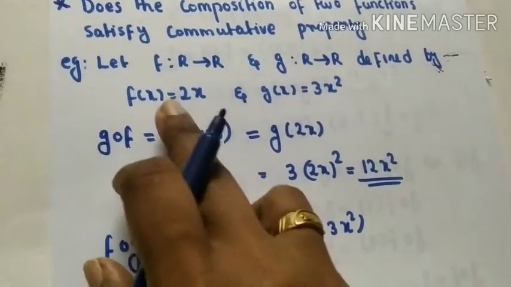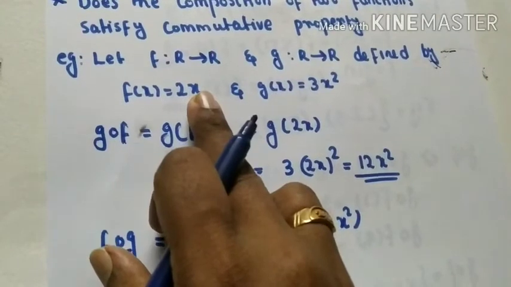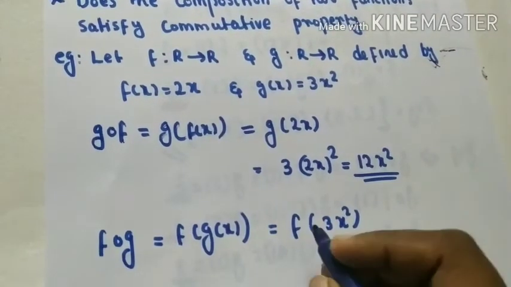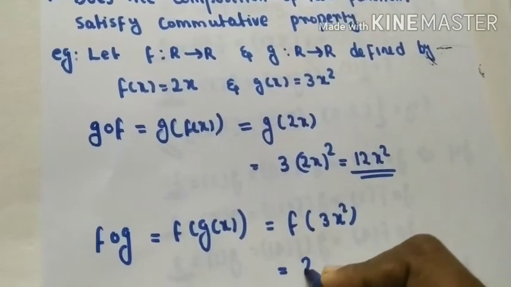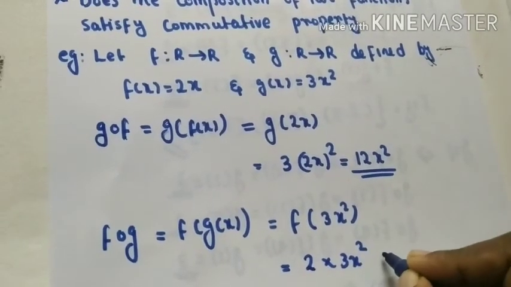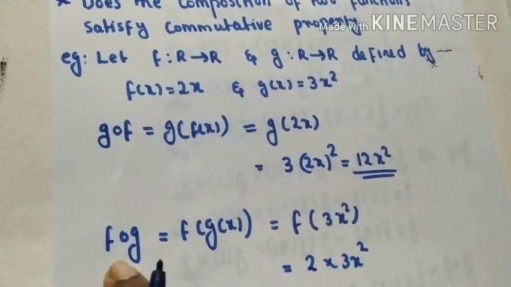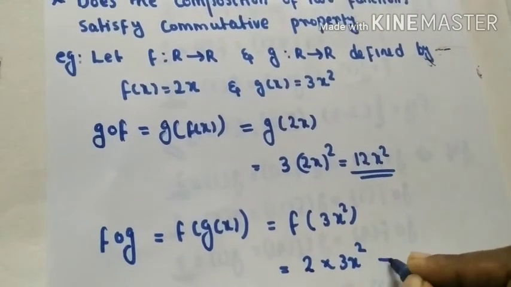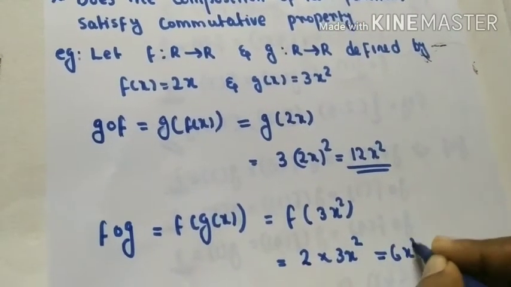And if f of x equals 2x, then f of 3x square becomes 2 into 3x square. Hence, the value of f of g of x is 6x square.